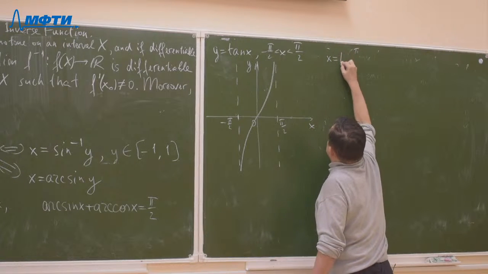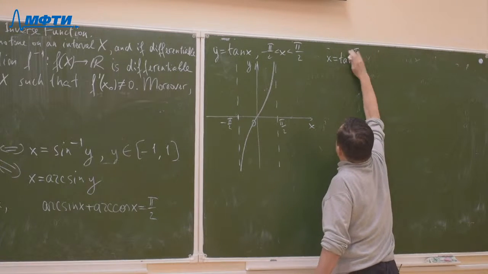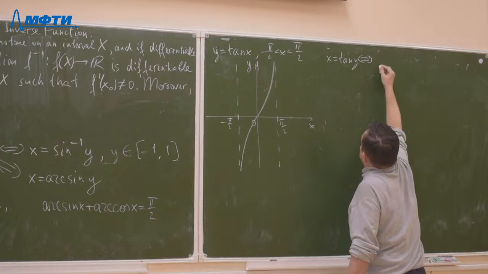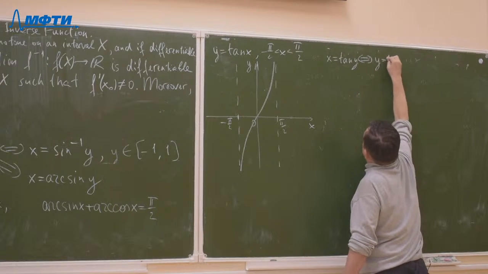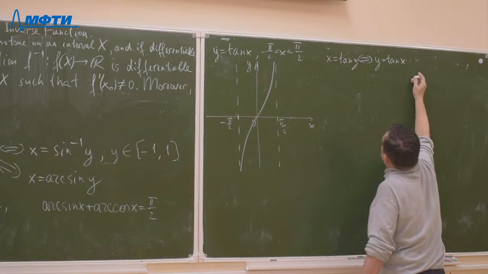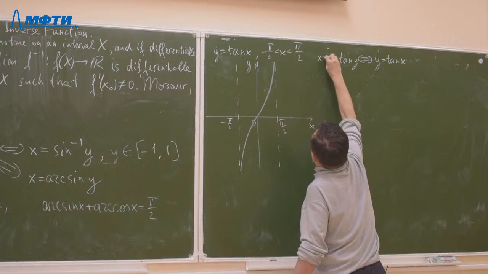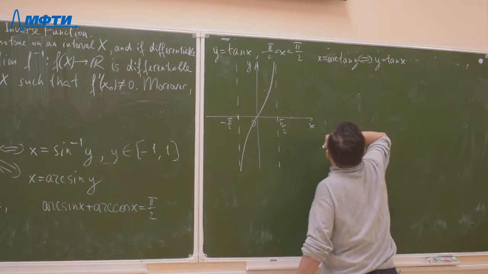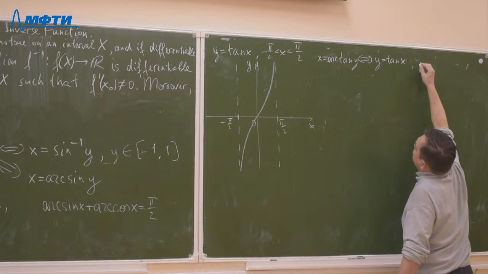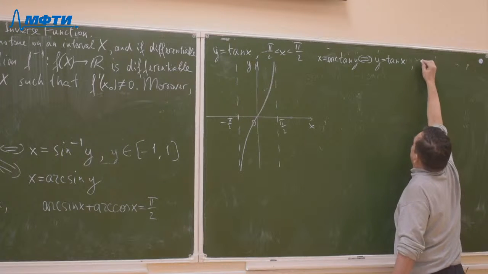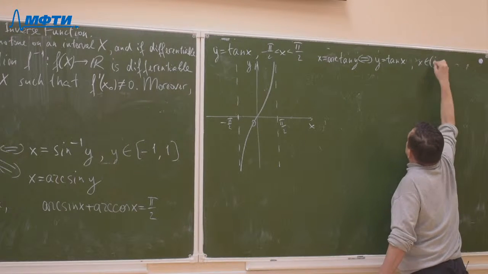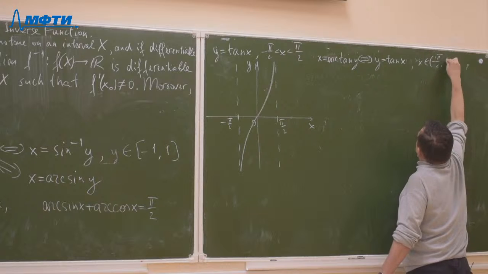So x is arc tan y is equivalent to y is tan x, for x in the interval minus pi over 2, pi over 2.